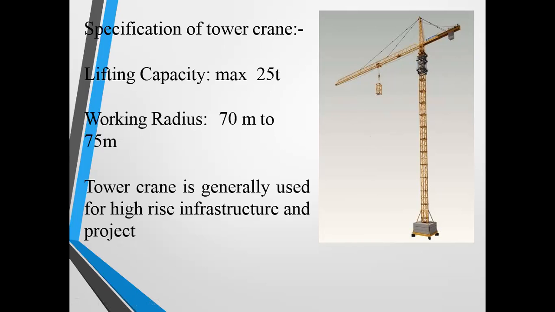The counter jib carries a counterweight, usually of concrete blocks, while the jib suspends the load from the trolley. The hoist motor and transmission are located on the mechanical deck on the counter jib while the trolley motor is located on the jib.